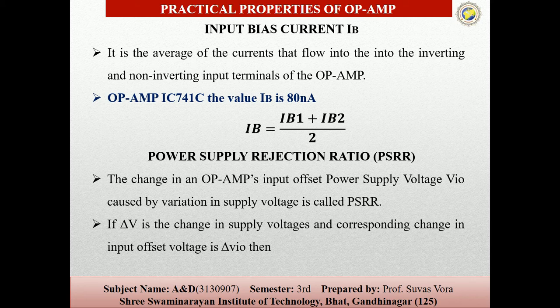If delta V is the change in the supply voltage and delta VIO is the corresponding change in the input offset voltage, then PSRR equals delta VIO upon delta V.